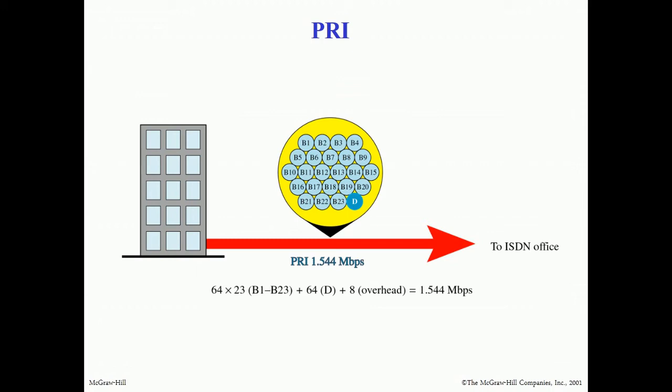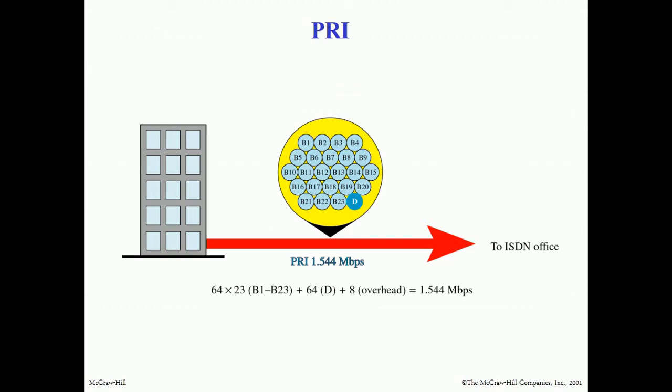Typically the channel structure has 23 B channels, numbered B1, B2, B3, B4 to B23, and one D channel. Each B channel has a capacity of 64 kbps, and there is one D channel.